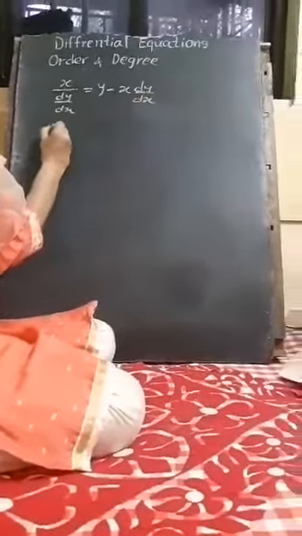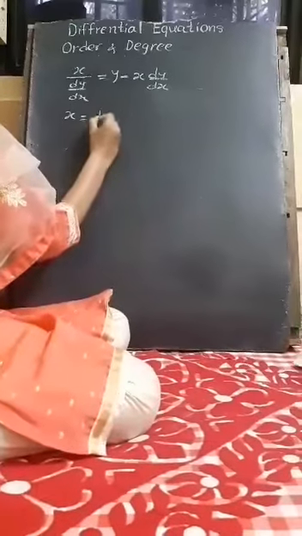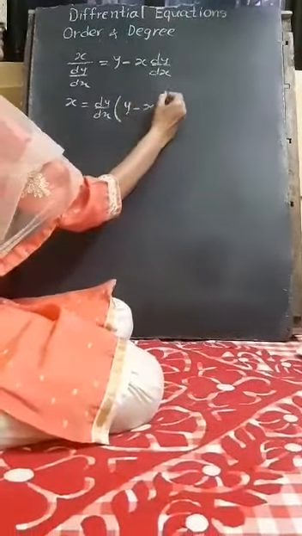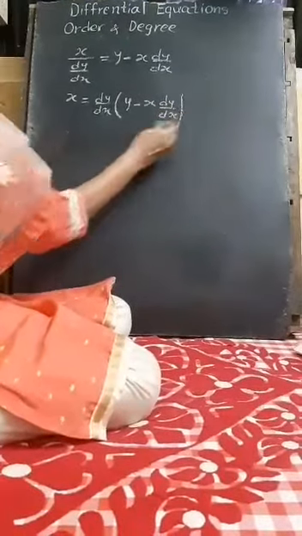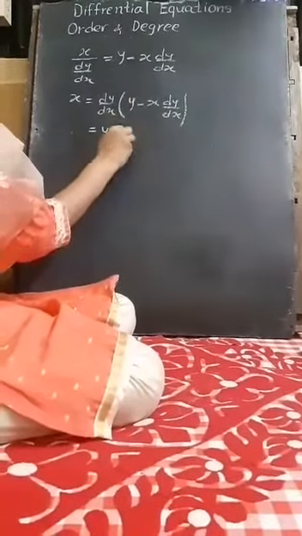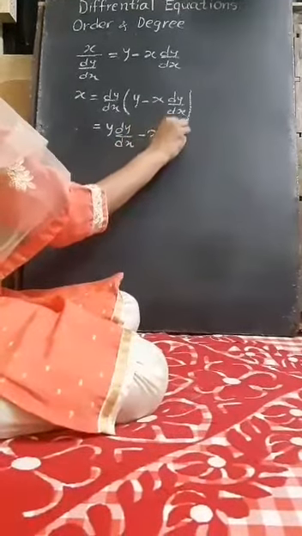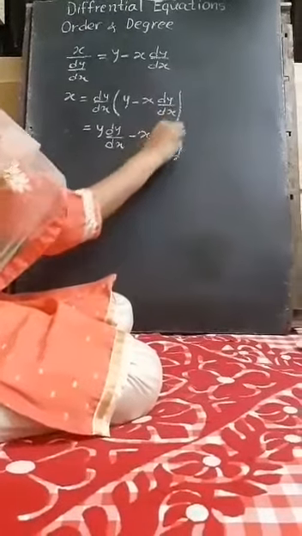This side I will get x is equal to y into dy by dx minus x into dy by dx whole square.